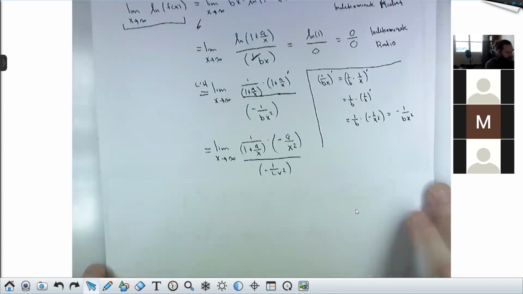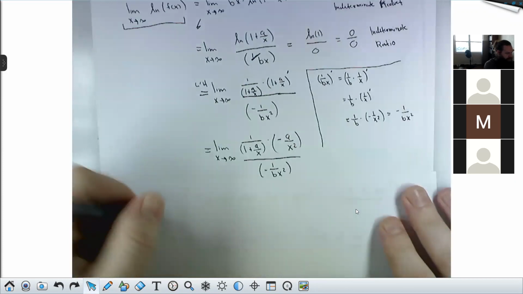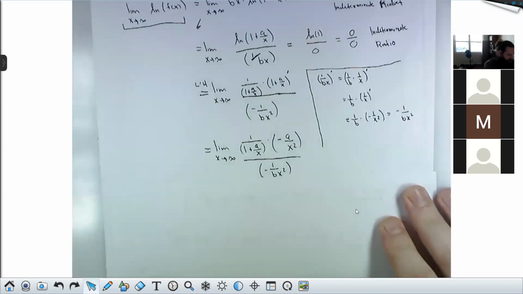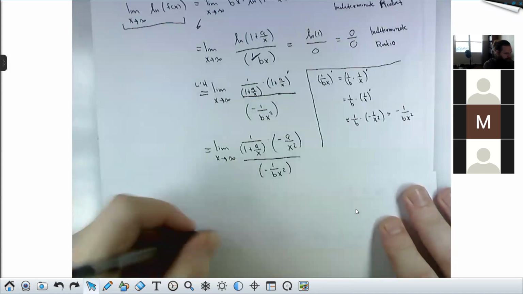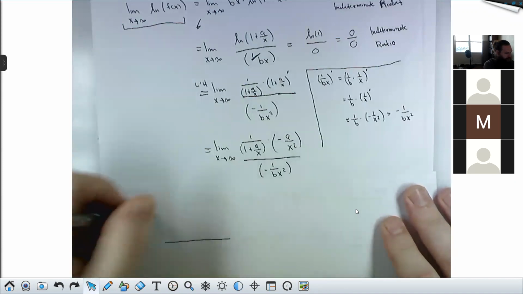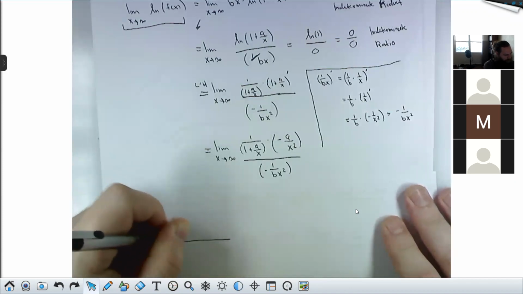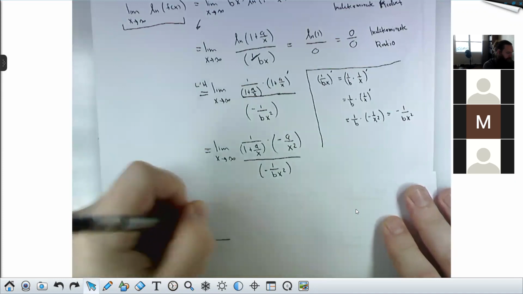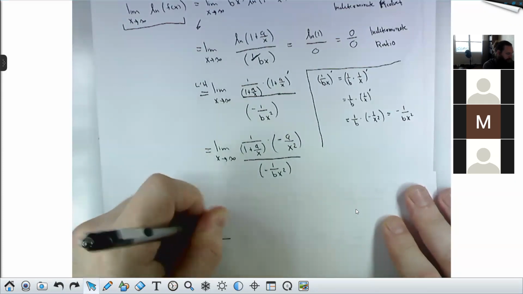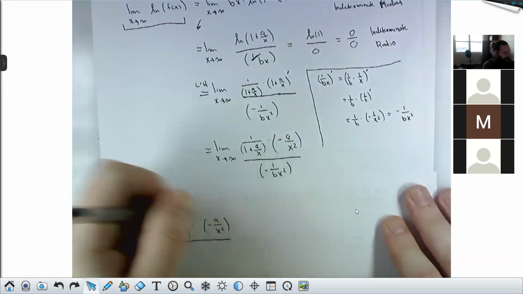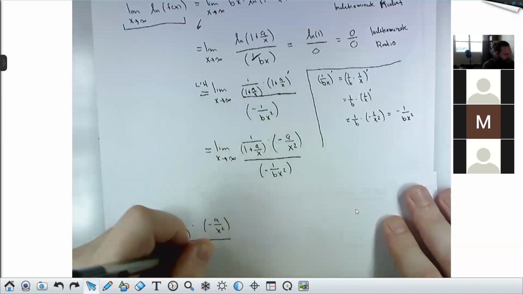So let me come back here and just pay attention to the algebra. I've got a big fraction. Here I've got 1 over 1 plus a over x. Here I've got negative a over x squared, and downstairs I have negative 1 over bx squared.